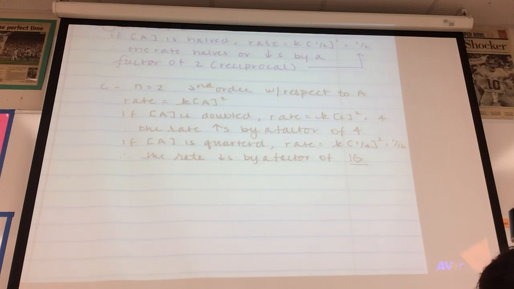And what we want to learn how to do is write very simple rate laws today. We'll get into the far more complicated ones next time. This takes practice. You've got to be good in terms of exponents.